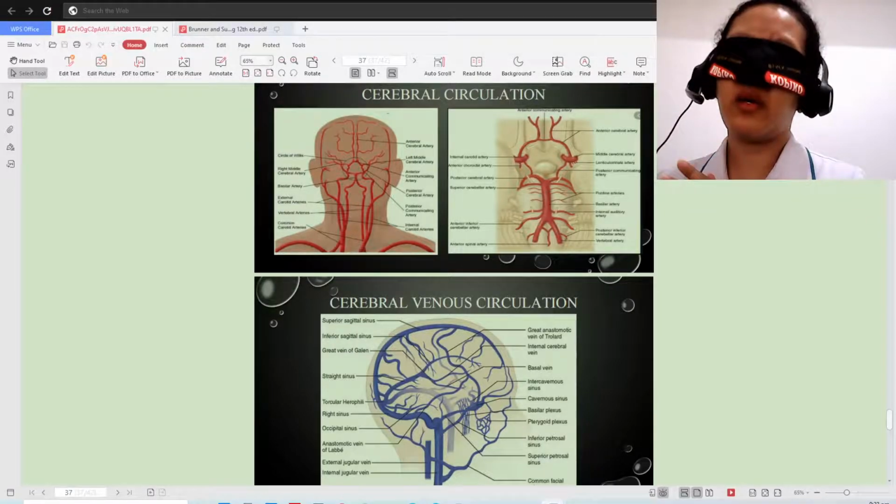Cerebral veins are unique because they don't have valves to prevent the blood from flowing backward and depend on both gravity and blood pressure for flow.